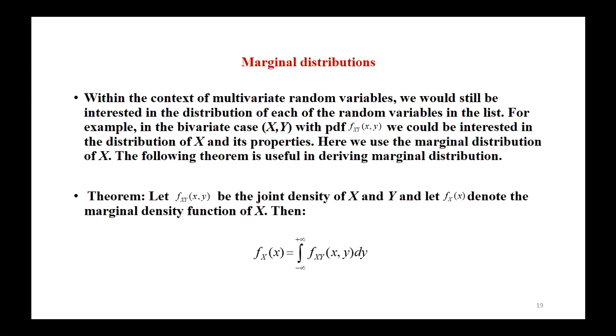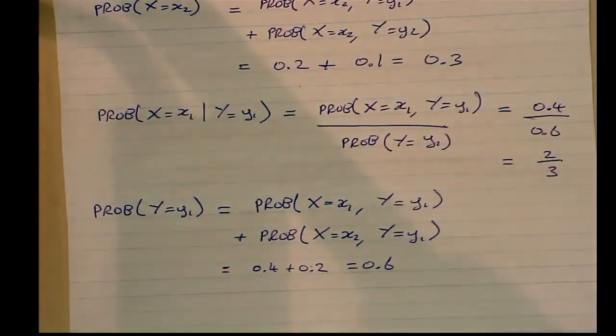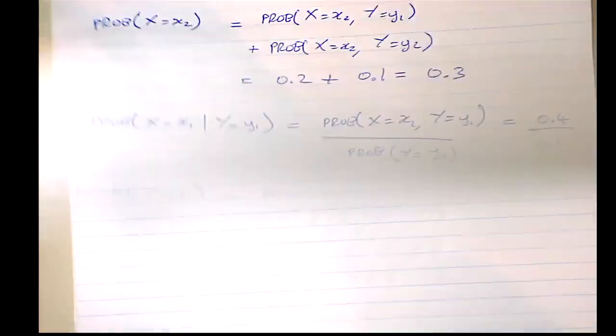Okay. Let me prove that, because I think it's useful for you to be able to do it. How are we time-wise? Okay, good. So let's prove that we integrate the joint to get the marginal. So this proof is going to use something called the second fundamental theorem of calculus.